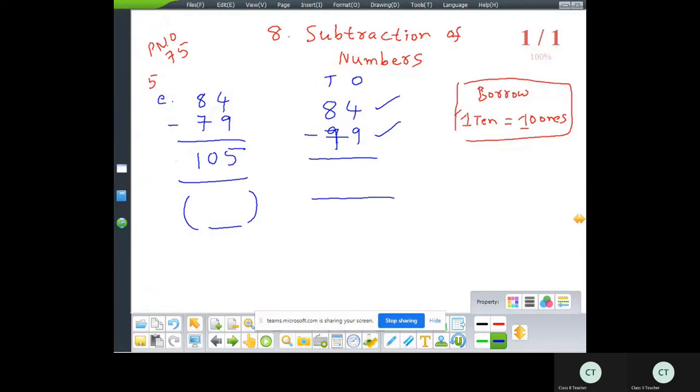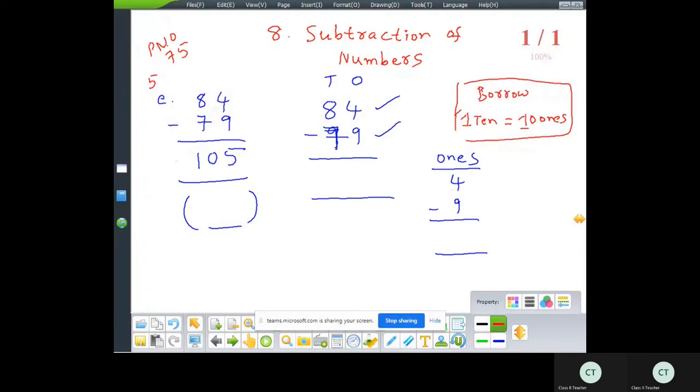Now subtraction on 1. The digits in one's place are 4 and 9. 4 minus 9. We cannot take 9 from 4. 9 is the bigger number, 4 is the small number. We cannot take a bigger number from a small number. This time we need to borrow. We take the borrow from the number beside 4.